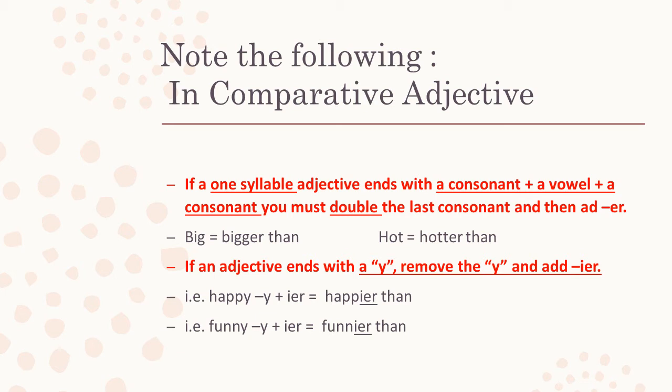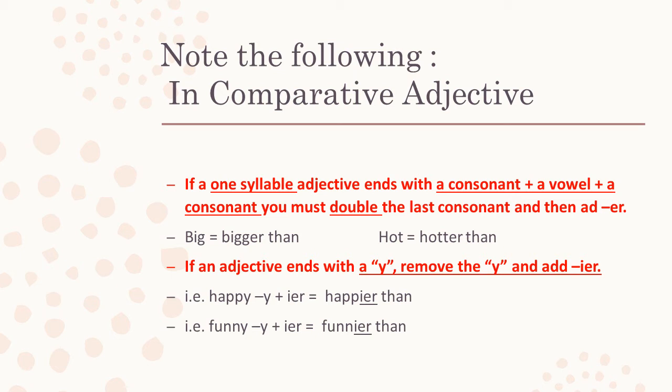It's going to be bigger than. So we doubled the G because I is the vowel, okay? Hot, it's going to be hotter than. Let's remember what the vowels are. The vowels are A, E, O, U, I. Okay. And the rest of the letters are consonants.